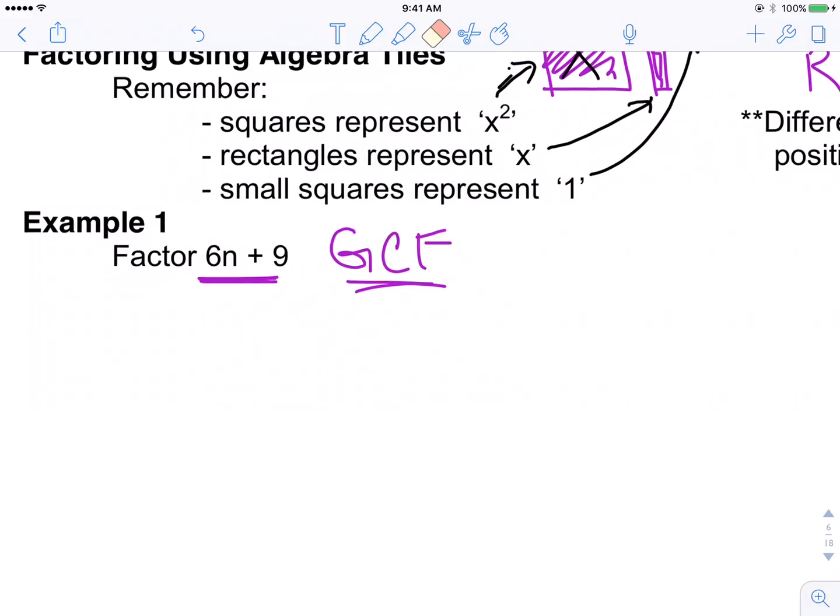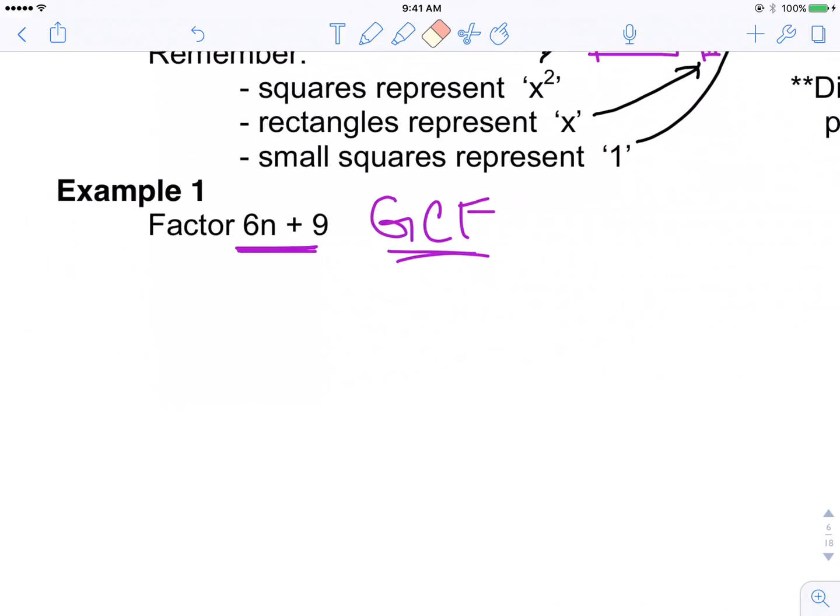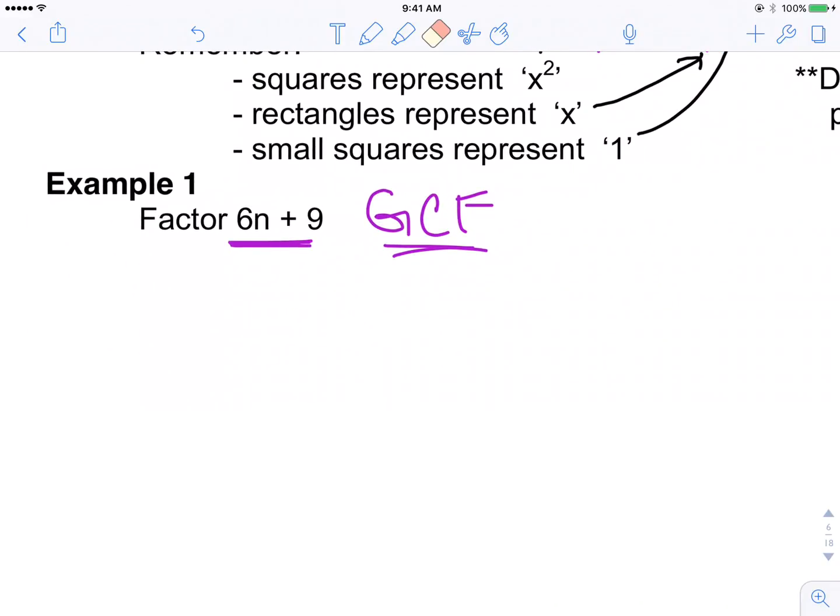Most of the time that's always the case. So we look at 6n plus 9 and you try and think to yourself, what will I be able to divide this term 6n and this term 9 by evenly and be able to factor it out?